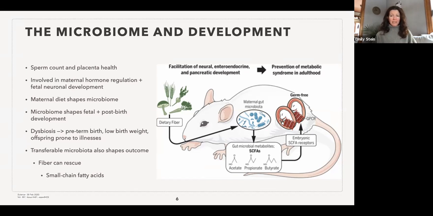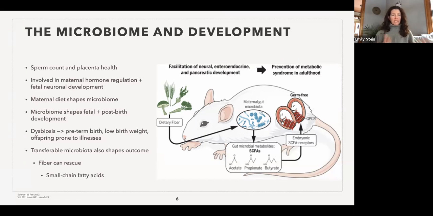But we do know that the microbiome is an inheritable trait from the maternal microbiome. So even in post-birth development, the offspring inherit the maternal microbiome, and that helps to dictate birth weights, weight gain, certain types of allergies to foods, and carriage rate.